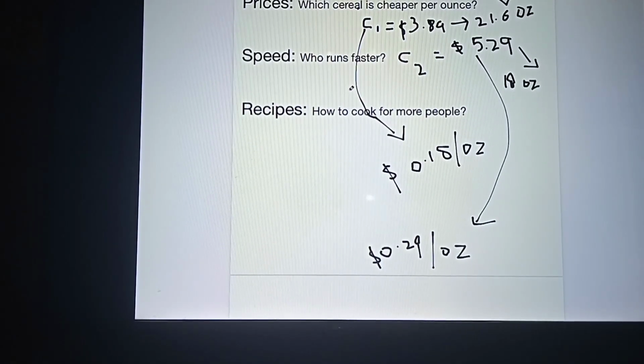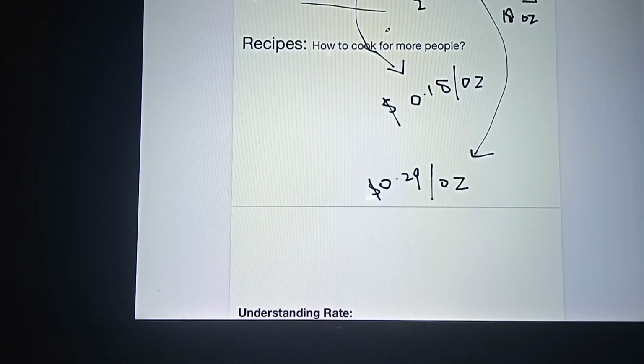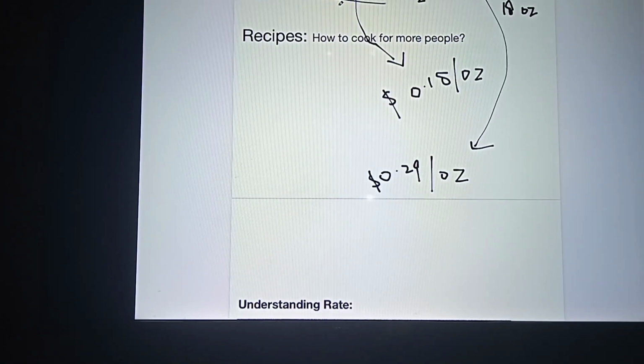We sometimes compare who runs faster, for example a cheetah or a horse, a lion or a tiger. So for comparing who runs faster, we use speed.